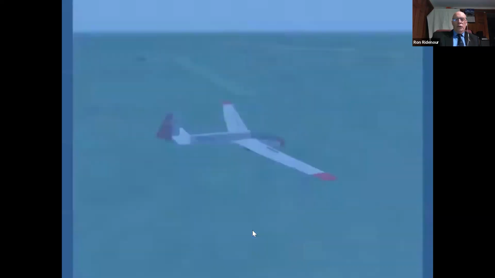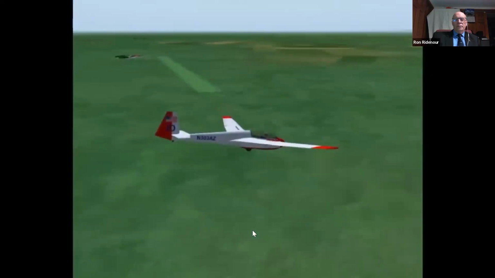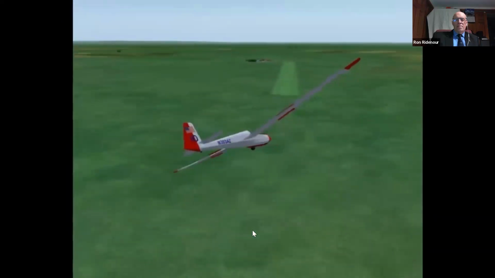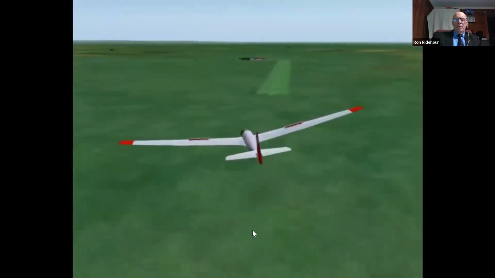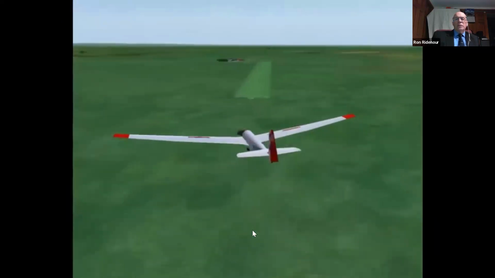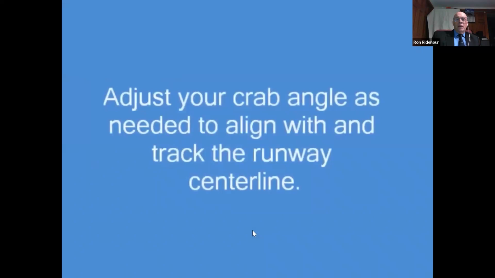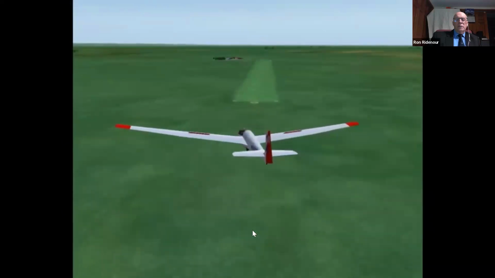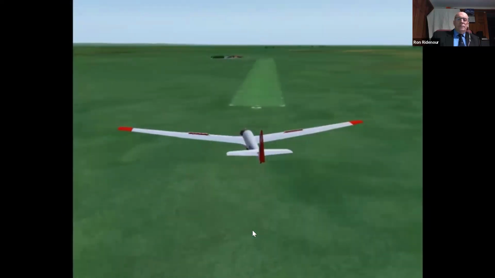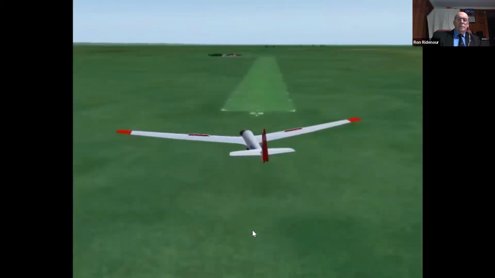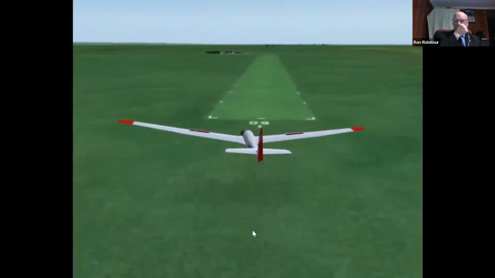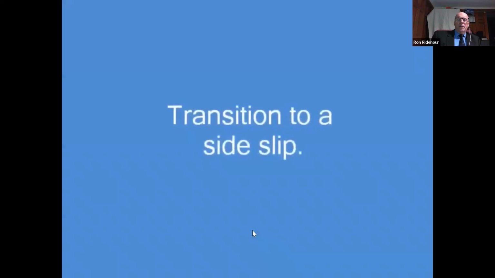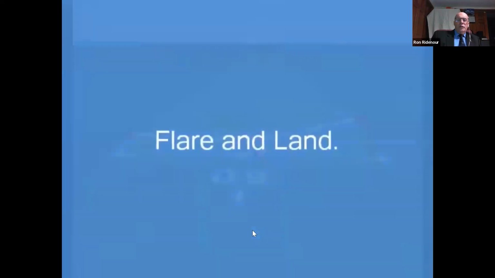That's an important thing. Turn through the runway heading and crab into the wind. We want to transition to the side slip for landing.